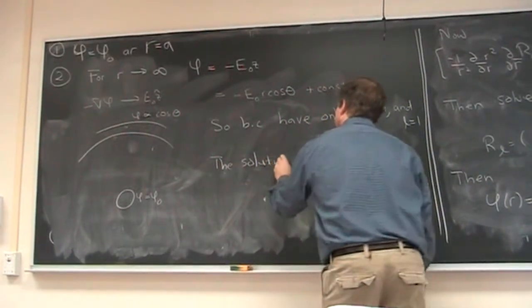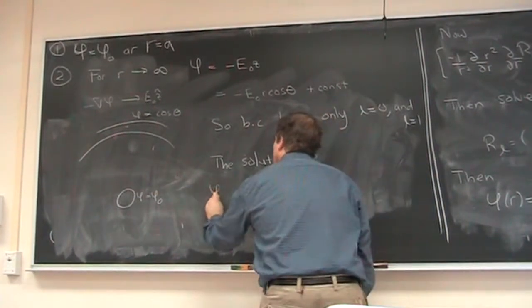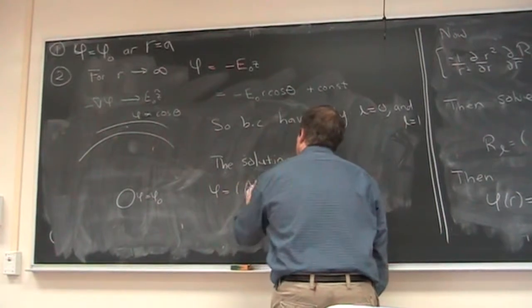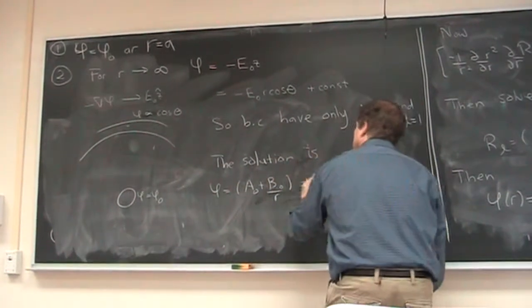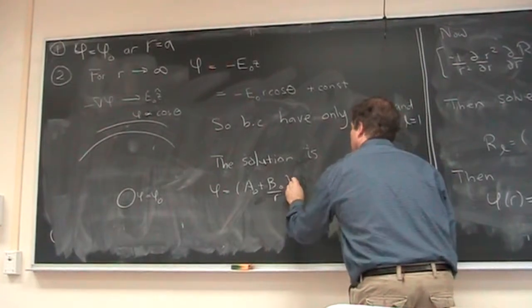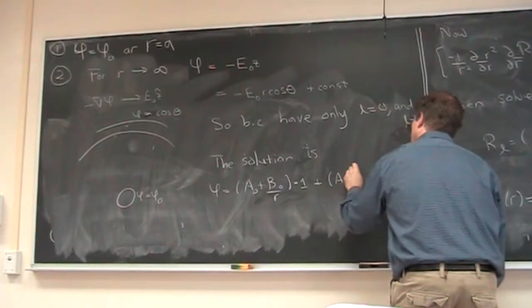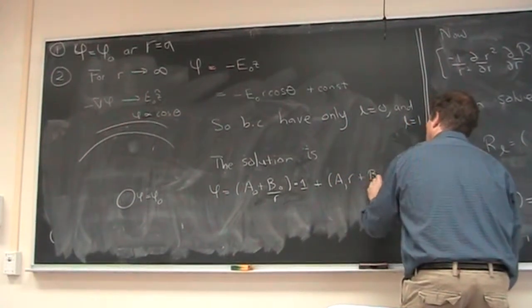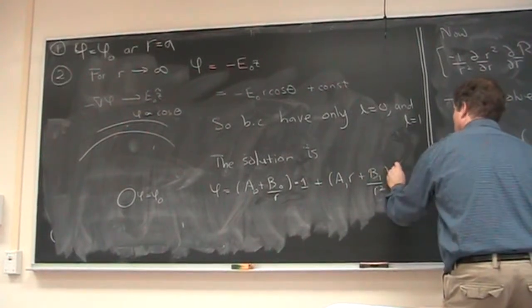So the solution is a combination: phi is some A0 plus B0 over r, times a constant 1, plus A1 r plus B1 over r squared, times cosine theta.